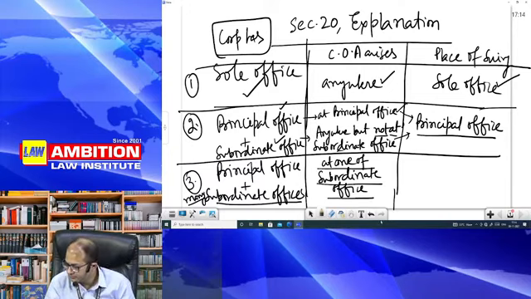Then third says no objection as to the competence of executing court. Objection as to competence of executing court.